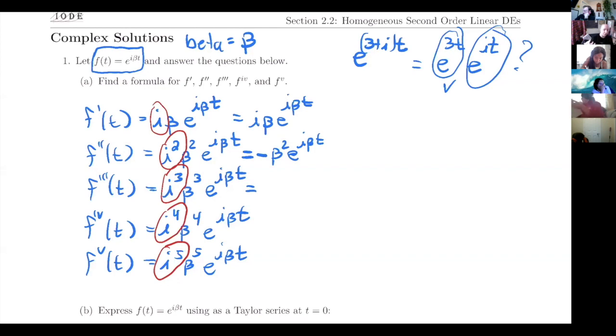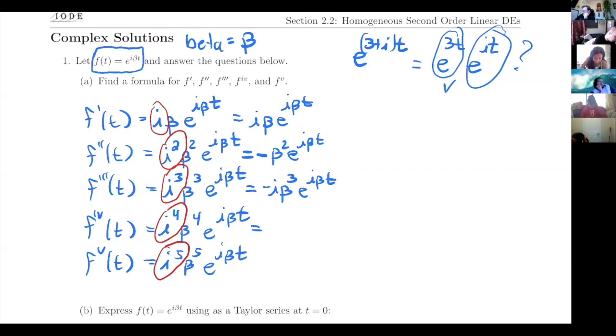And then therefore, i cubed is just minus i, right? It would be i squared times i. And what happens is we get some cyclic behavior in powers of i. So now we've got minus i beta cubed e to the i beta t. And then if I multiply by i again, what do I get when I have i to the fourth? 1.